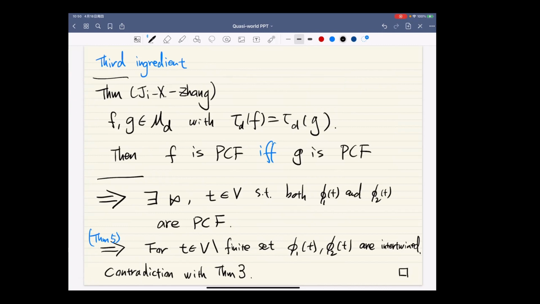In our paper with Ji and Zhang, we prove more, and we can read off whether F is PCF or not. As I know, there are at least 3 ways to prove it.